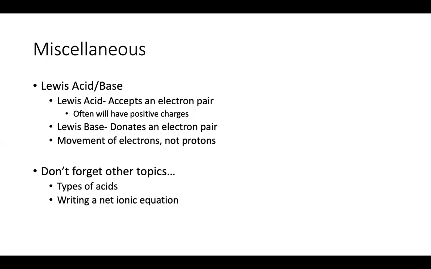Bicarbonate, HCO3 minus, can lose a proton, so it can be an acid, but it can also gain another proton to become carbonic acid. So something like bicarbonate, or hydrogen carbonate, same thing, is amphoteric. It just means it can act as both an acid or a base in its current state.